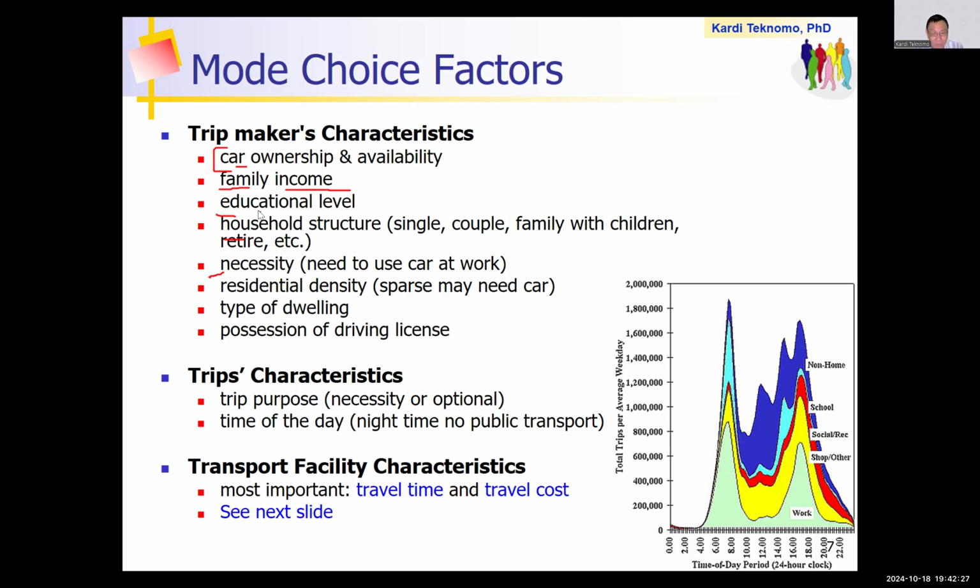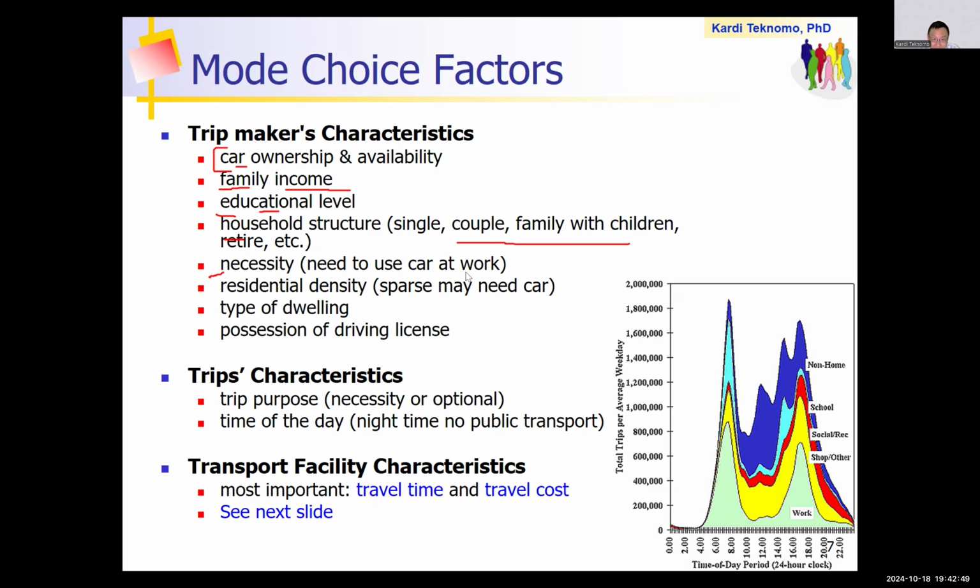The same thing with a higher education level; not necessarily, but usually you tend to use a car. And if they have many people in the family, again they probably need to use a car.